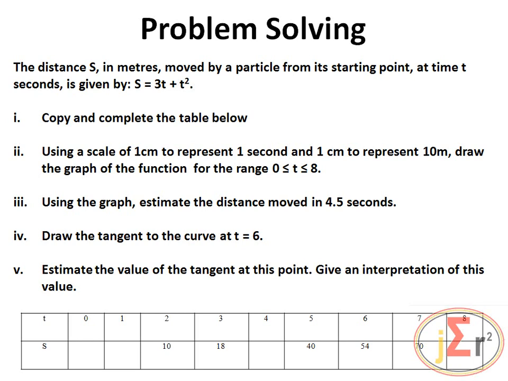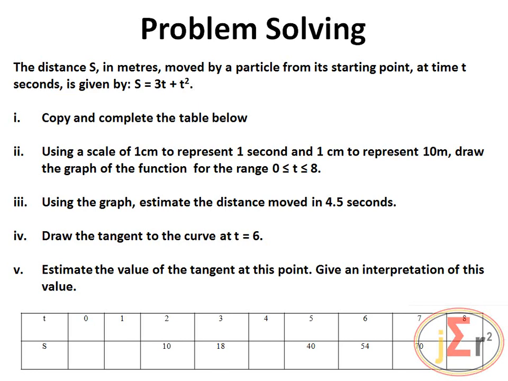Draw the graph of the function for the range, like what we have had before, 0 is less than or equal to t is less than or equal to 8, or t will range from 0 to 8 inclusive. Using the graph, estimate the distance moved in 4.5 seconds.